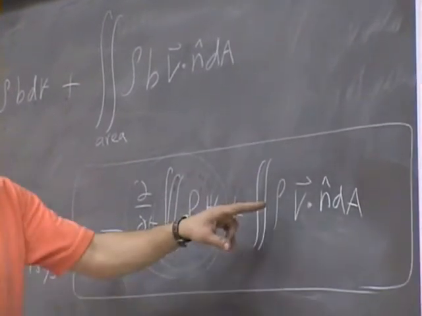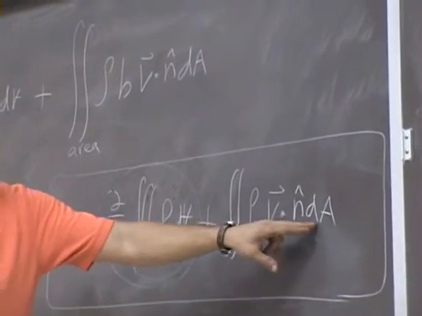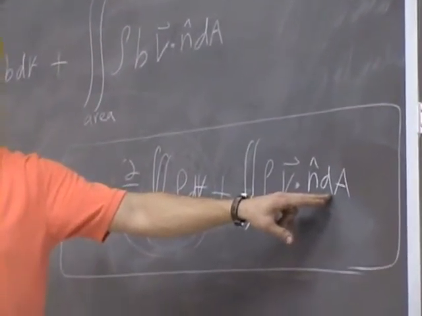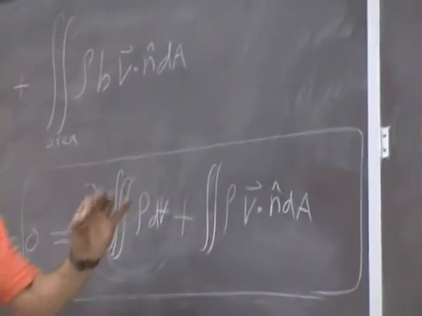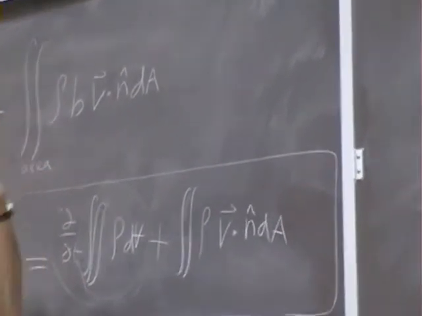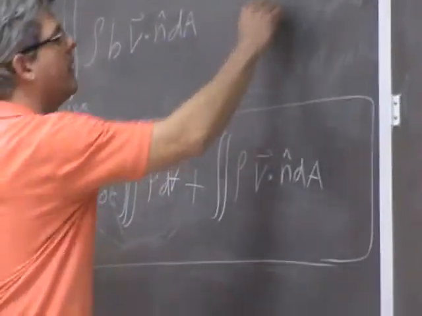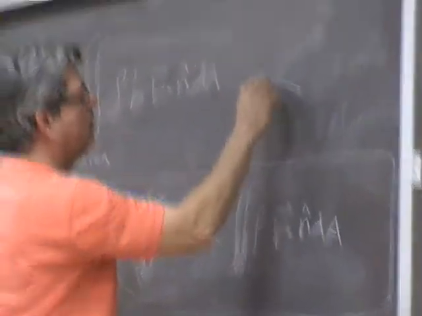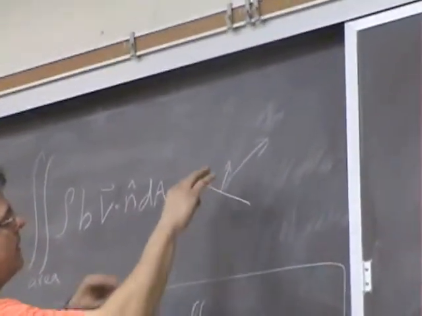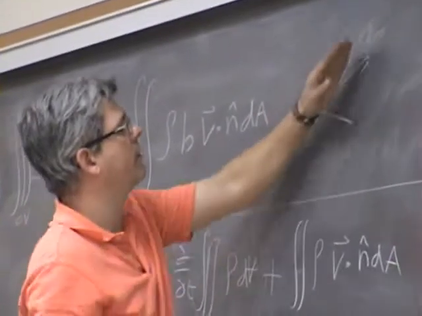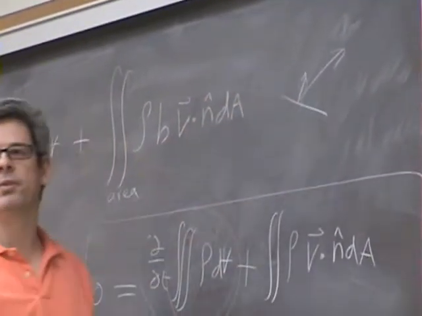Plus, what is this? Remember, v dot n dA is our net volumetric flux through a surface. It accounts for the fact that the velocity vector and the unit normal of the surface may not be oriented the same way; in fact, they may be opposite. This takes care of its own sign, whether stuff is crossing this way or the opposite way.